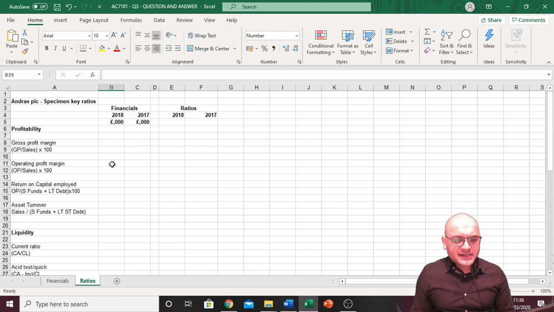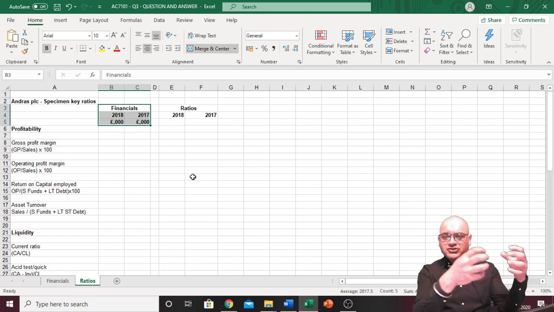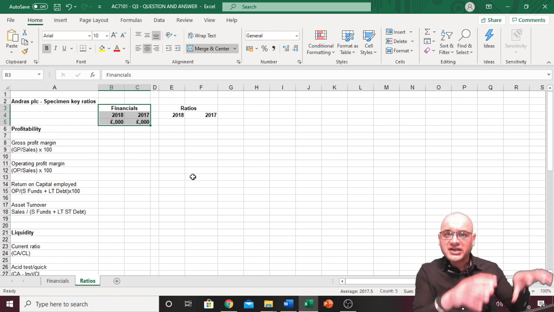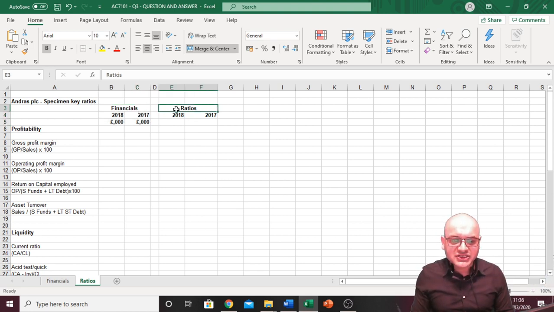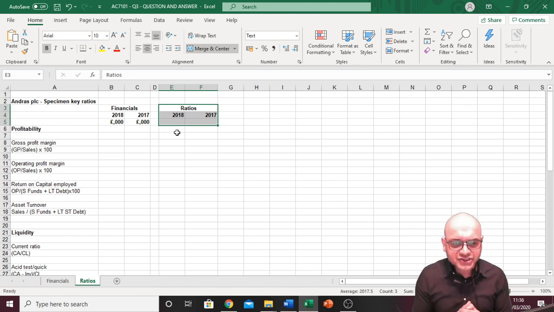So let's start working. Apart from that first column, you can also see two more sections. The first section is called financials, which is a section to record data from our input spreadsheet. And then the second section is ratios themselves, where we are actually going to calculate the ratios.